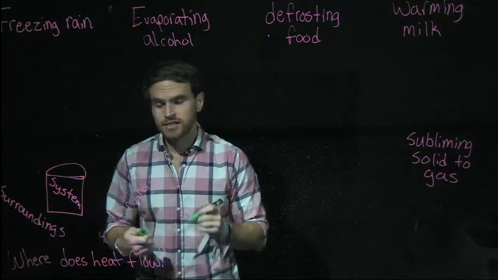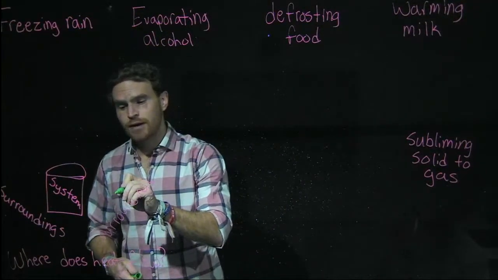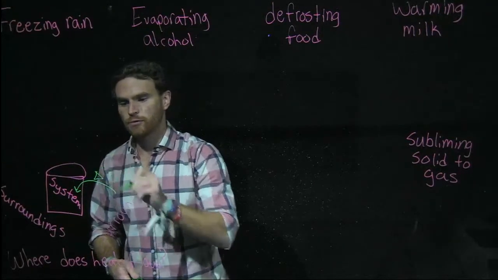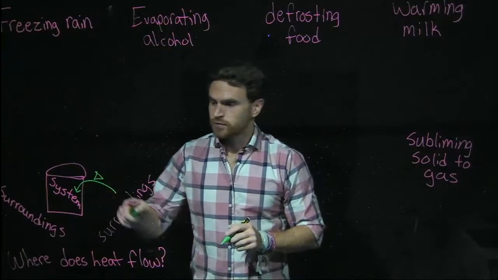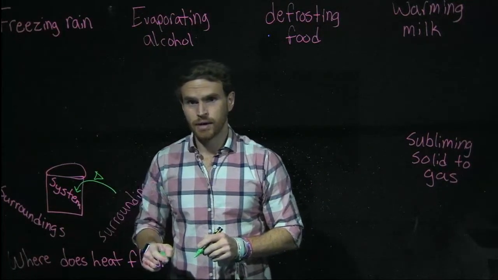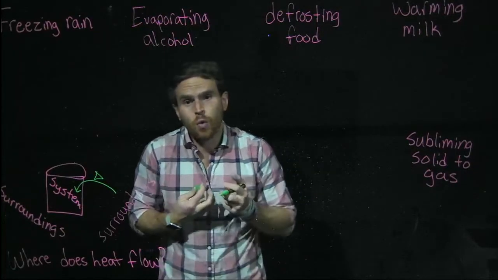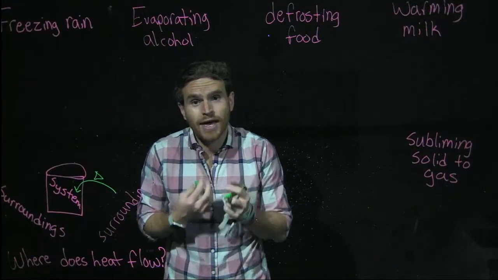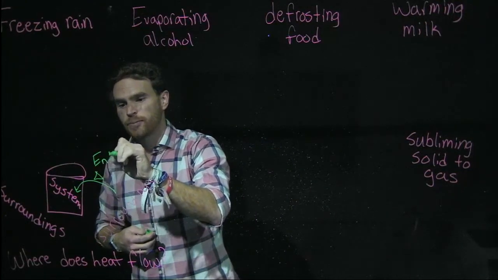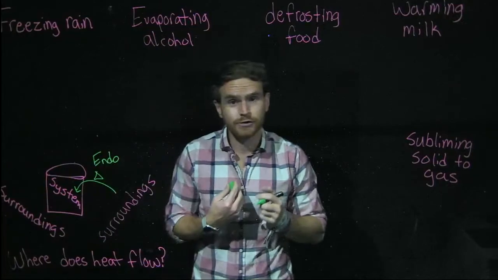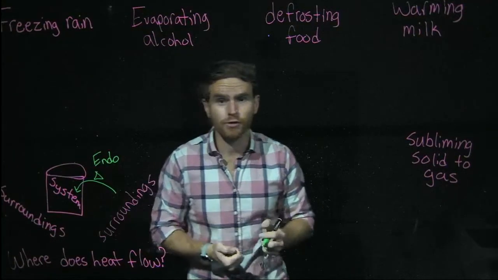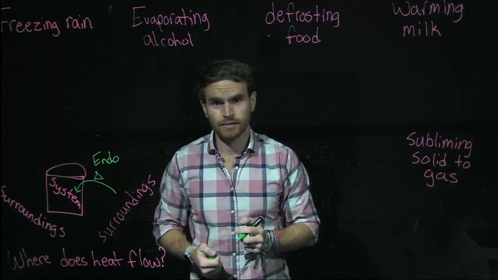If the heat is flowing from the surroundings into the system, then the system is acquiring heat or energy. So we call that endothermic. If it requires extra energy, extra heat to occur, that's endothermic.